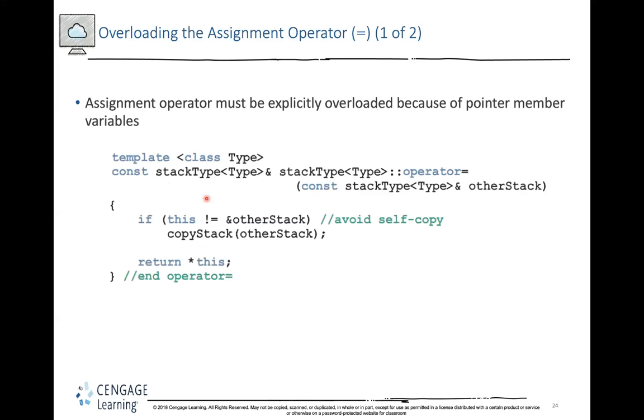To overload the assignment operator, because we have a raw pointer as a member variable, we need to take care of the assignment operation. So essentially, we just invoke that private function copy stack that gets the job done.